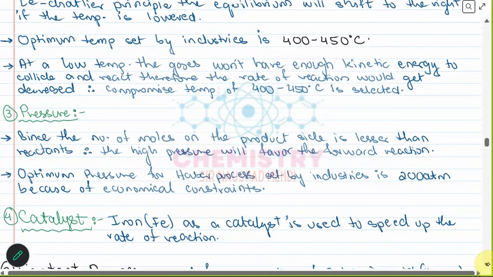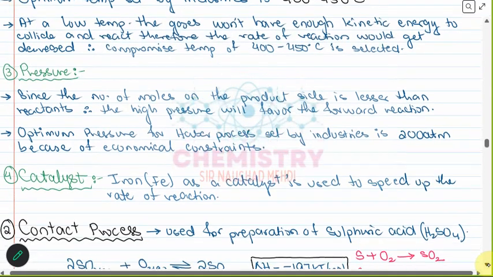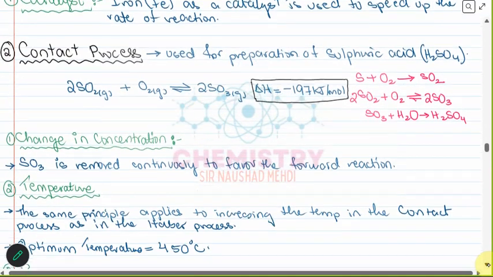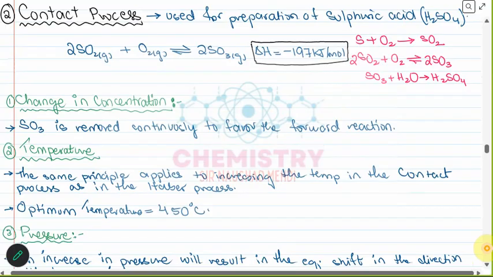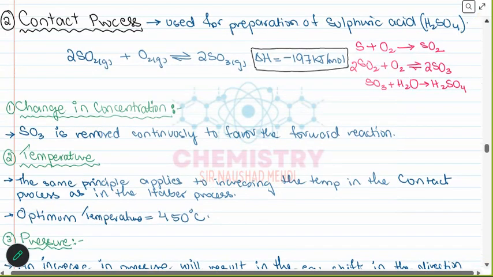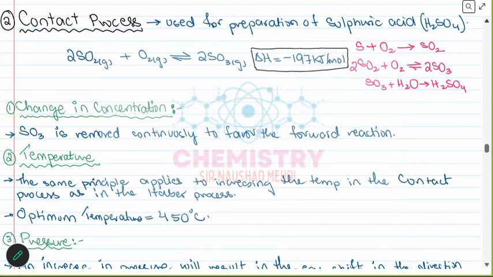Any confusion or any questions so far? All right. Now, similarly, we have another industrial application where we can apply all those four factors, and that is the contact process, which we have studied already.